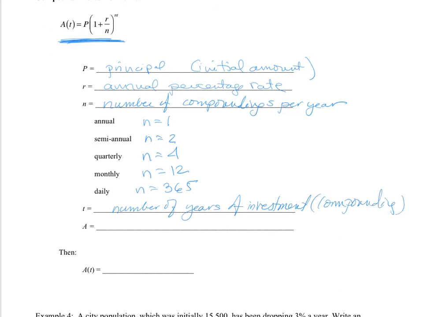A is the output, A of T, the accumulated value of the investment. So if we are compounding annually, let's look at what the formula would look like. P times 1 plus whatever the rate is. Well, annually, N would be 1. So it would look like this.